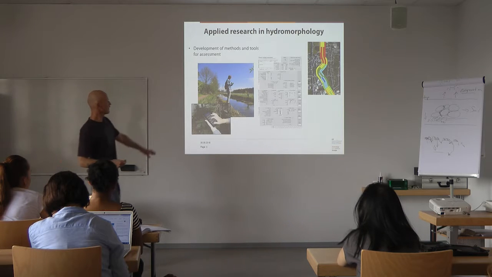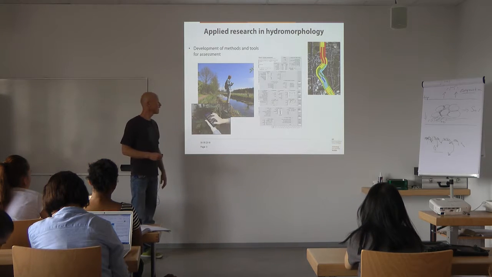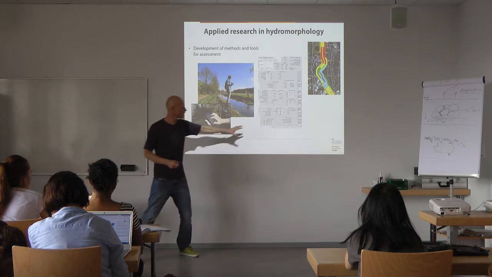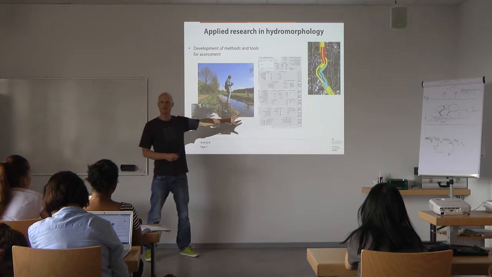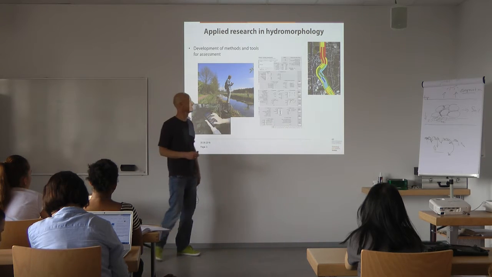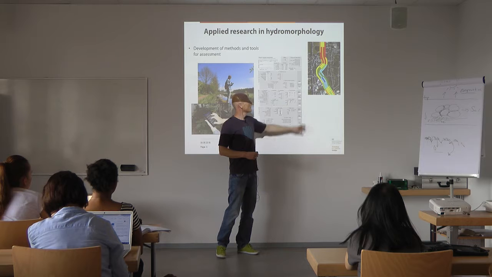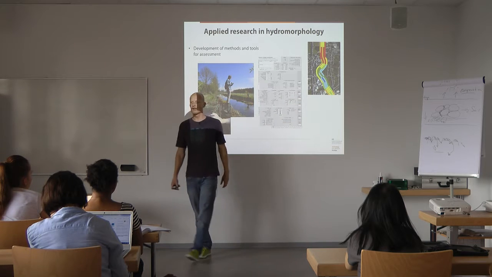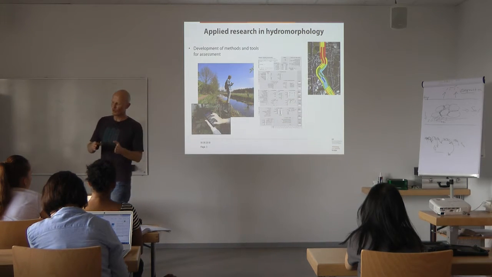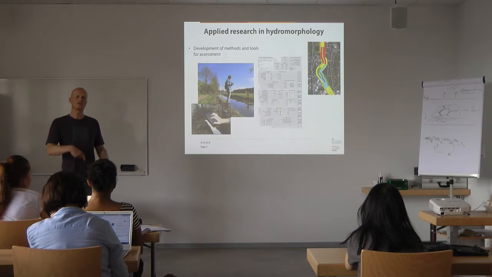We assess rivers using mobile devices, which are based on simple surveys or not so simple surveys, depends which ones you use. And in the result you get these maps showing the river in terms of its hydromorphological quality.